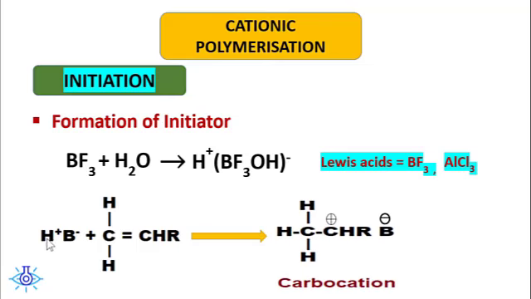So when this aqua product attacks the monomer, H plus is the one which attacks, breaking the double bond and forming a carbocation. This B minus is nothing but BF3 OH minus, written in a confined form.